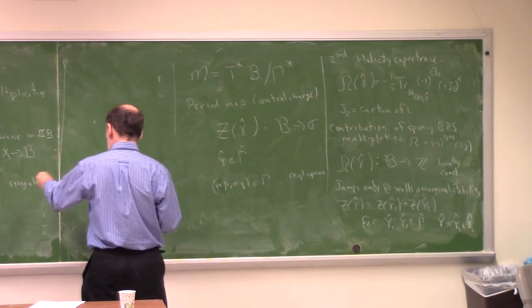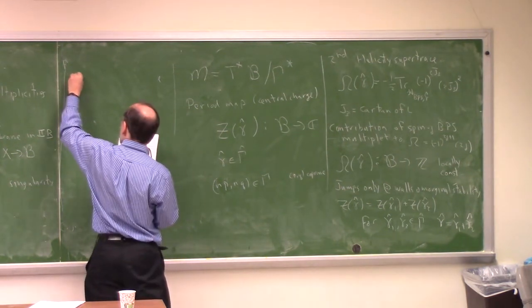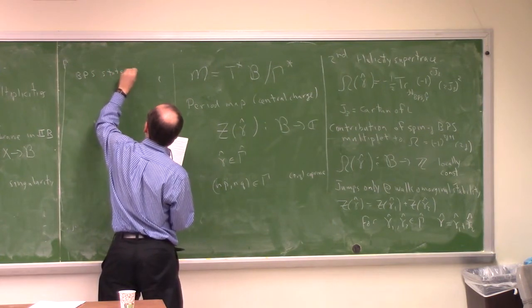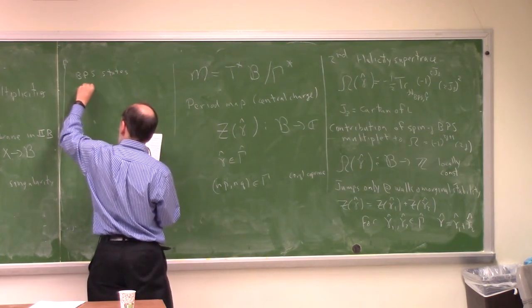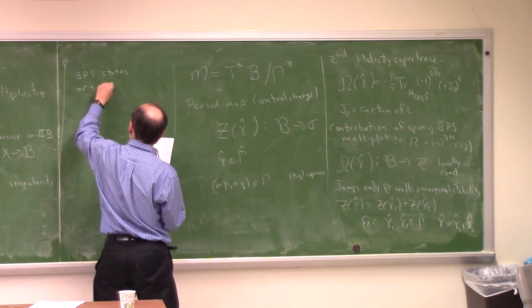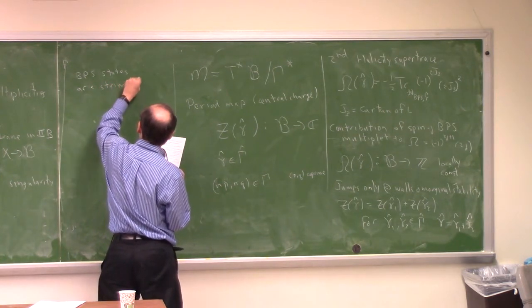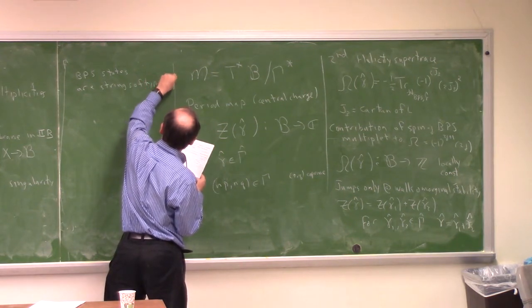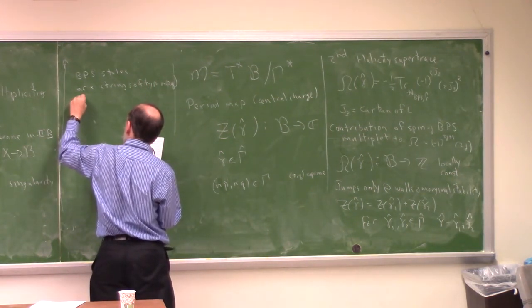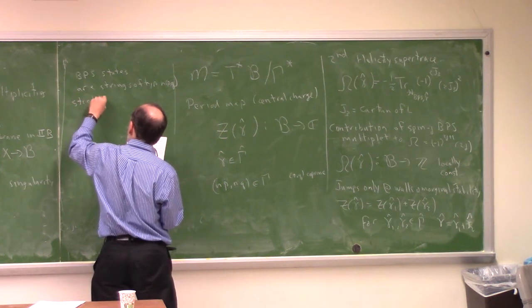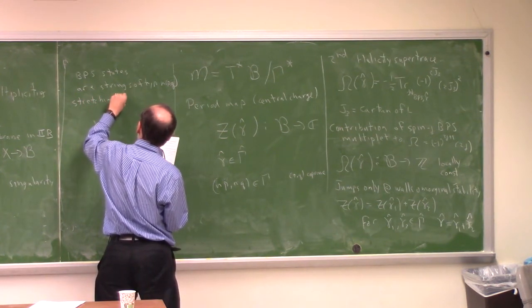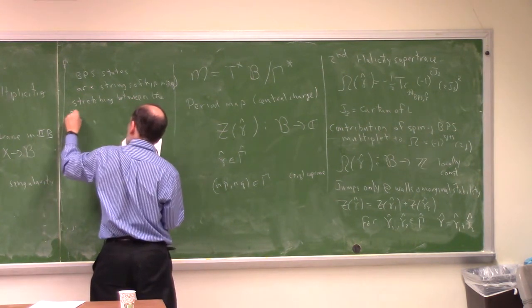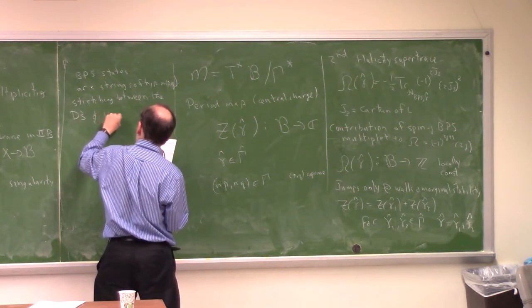Right, and so in this presentation, the BPS states are strings of type PQ stretching between the D3 brane and the 7 brane.